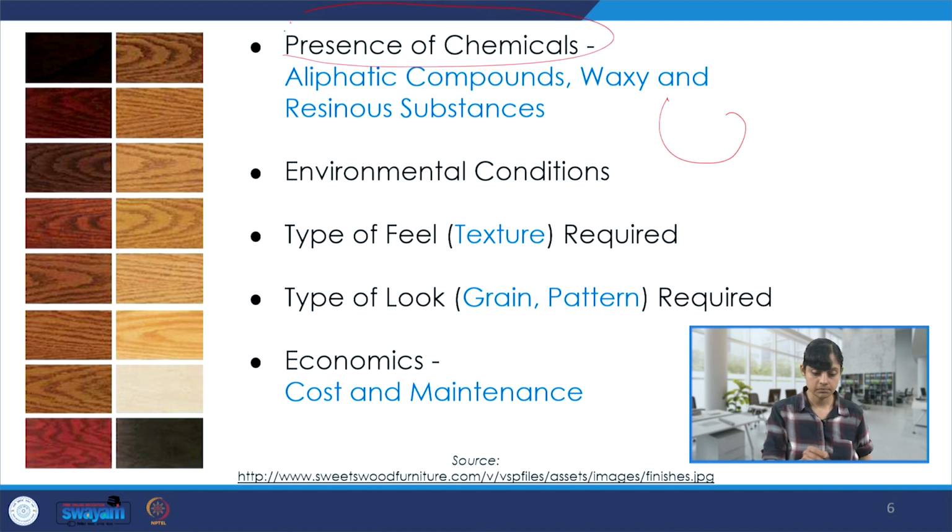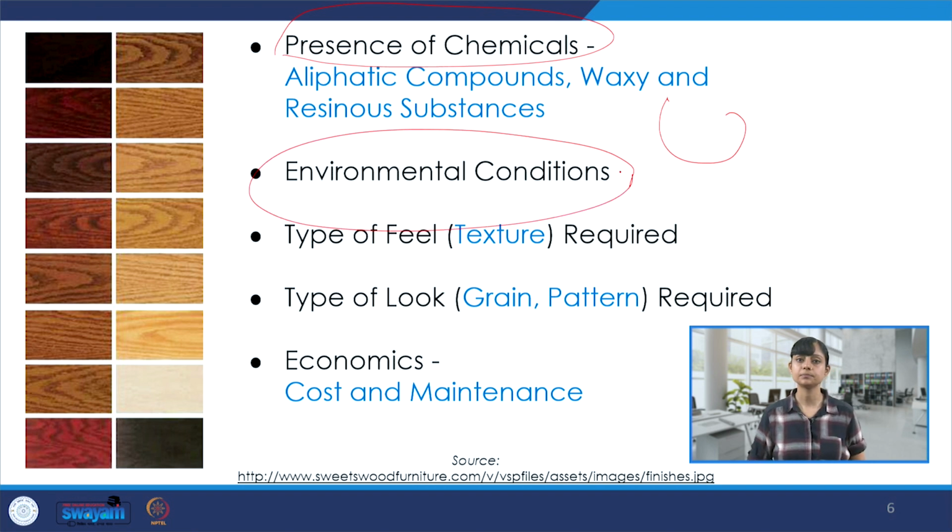So, whether there is a presence of certain chemicals, just like the aliphatic compounds or resinous substances in that wood, and what are the environmental conditions where these woods grow, from where are we procuring them, are they seasoned well, is there moisture content within it, have we dried it well, and then what is the texture like, what kind of feel or tactility or texture is required for our project, and hence we go with that selection.